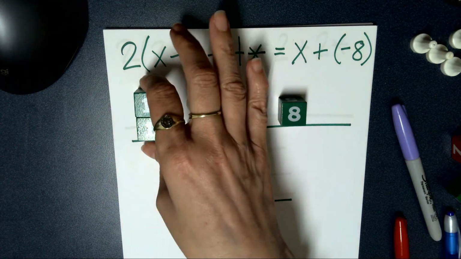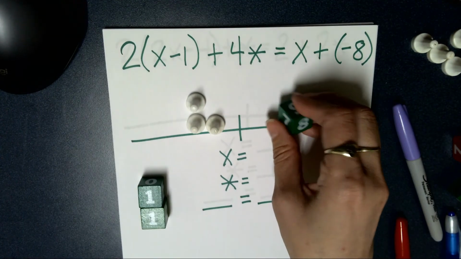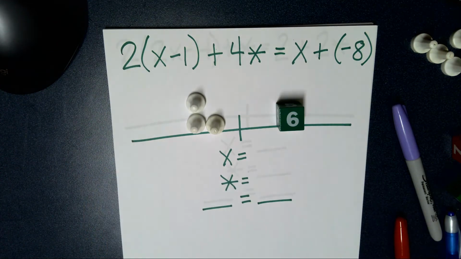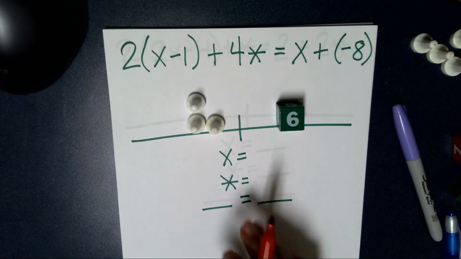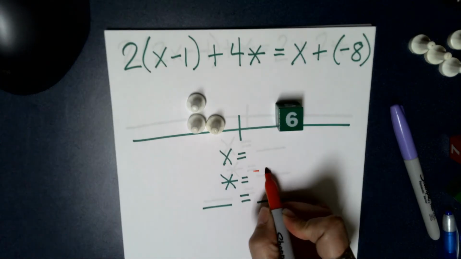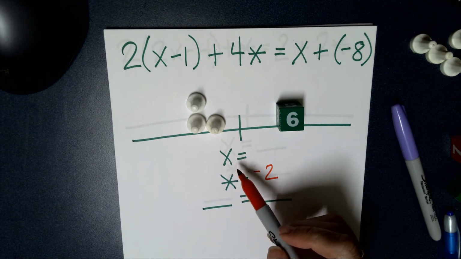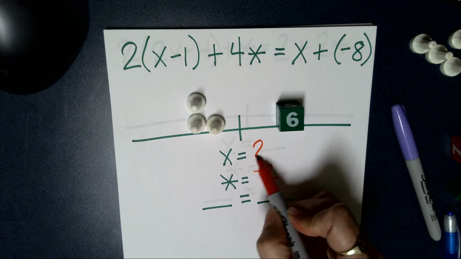So if we want to remove the opposite of 2, we also have to remove the opposite of 2 here, which gives us a 6. So 3 stars is equal to the opposite of 6. So 1 star is going to be equal to the opposite of 2. And that is going to make x equal to positive 2.